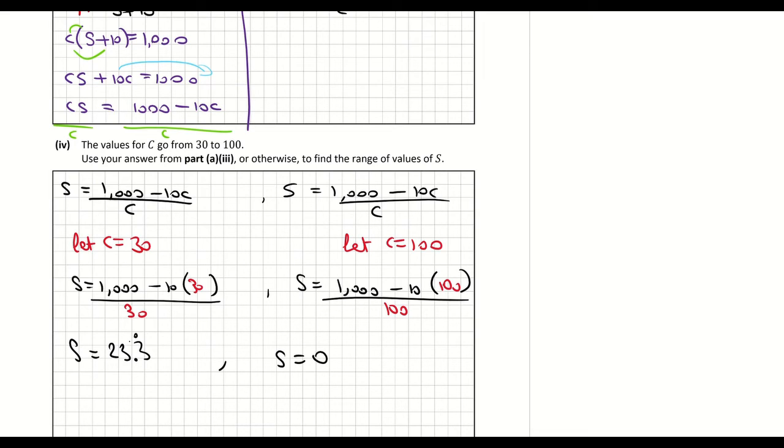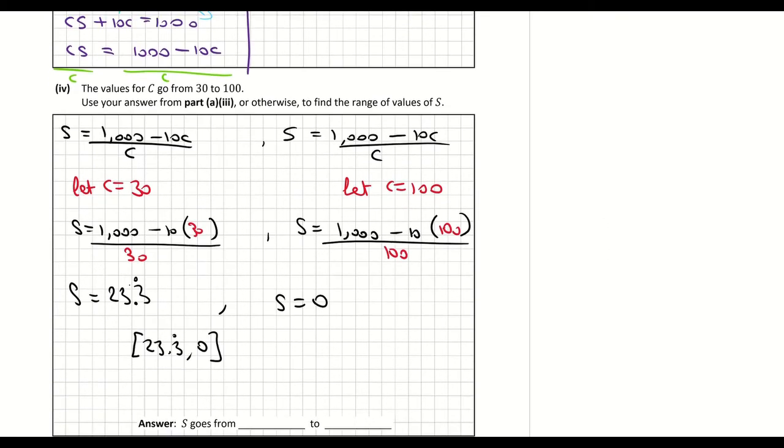So my values for S are ranging from 23.3 to 0. And if I put that down into the answers, S is going from 0 to 23.3.